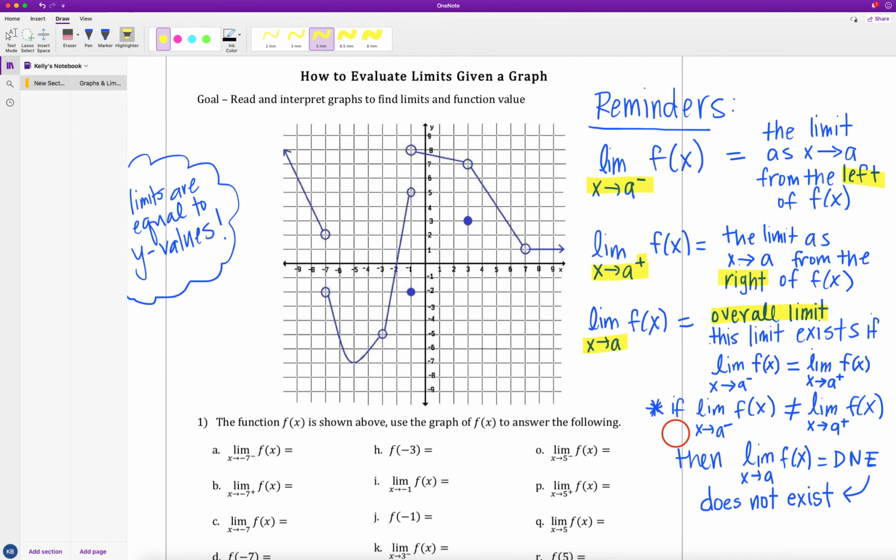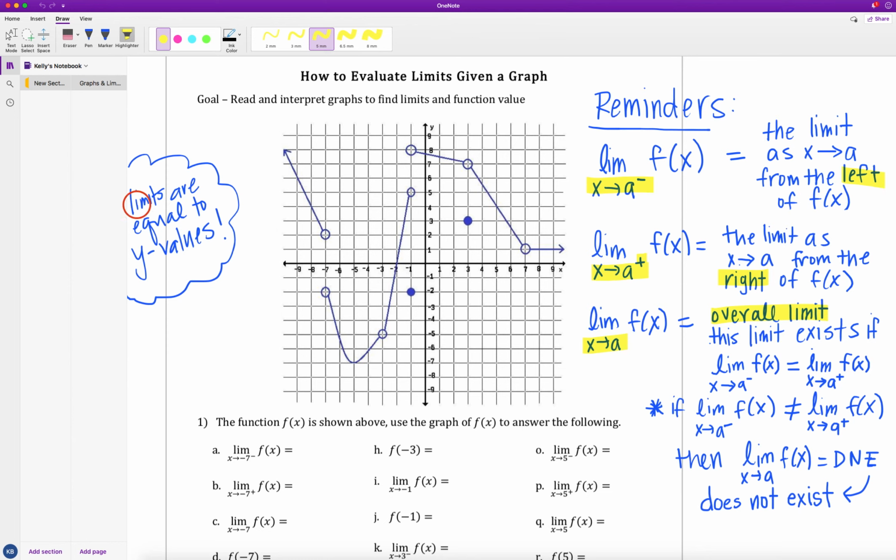Now, if the limit from the left does not equal the limit from the right, then we would say that the limit as x approaches a of f of x does not exist. And we tend to abbreviate does not exist with DNE.